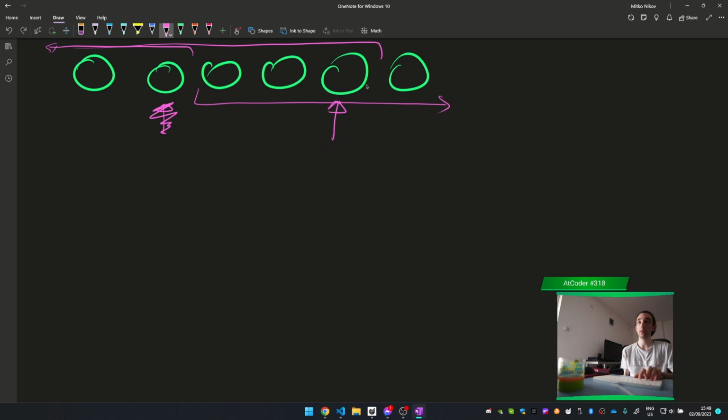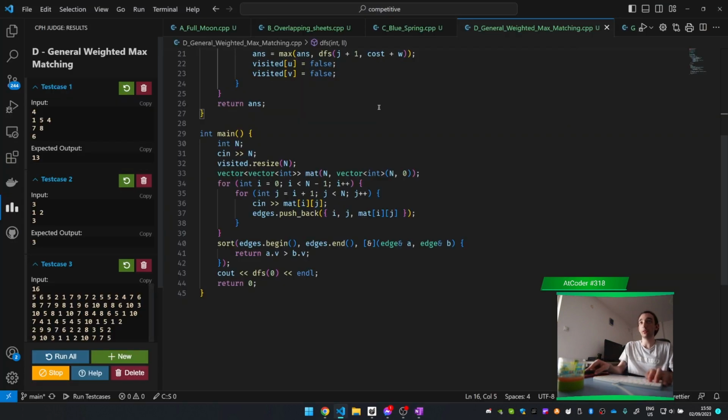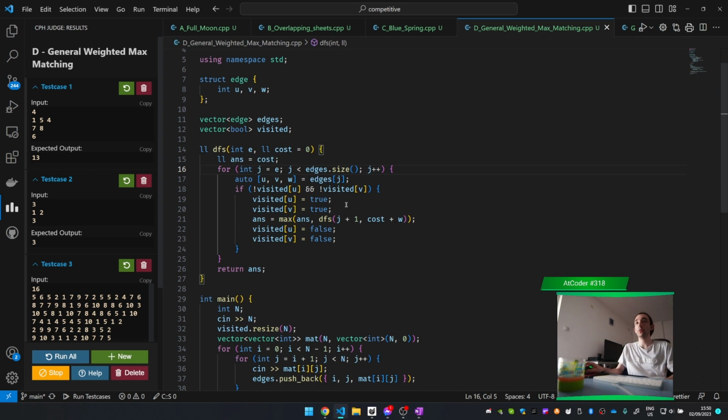and I have this chosen edge, and I try all the other edges. Now the idea is this is just a backtracking brute force approach, but it works because C++ is a fast language, and frankly, I didn't see any DP approach here. So I go to the next edge, start at the next edge, and then I add the cost of the current edge if both of these vertices of the current edge are not visited.